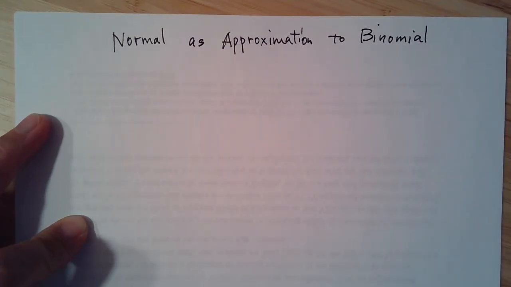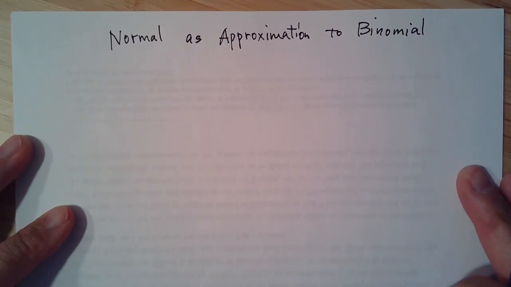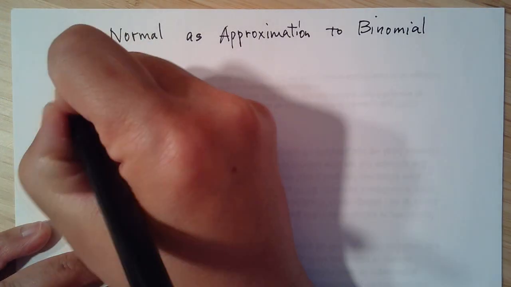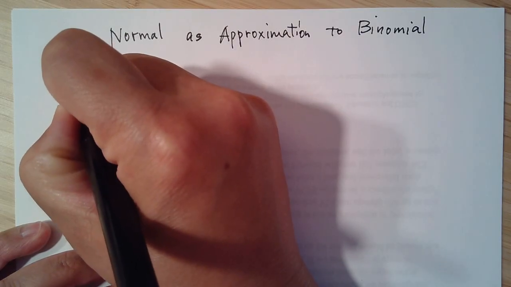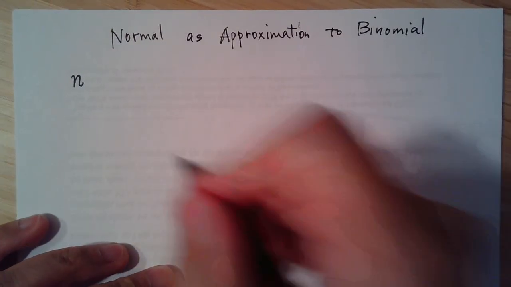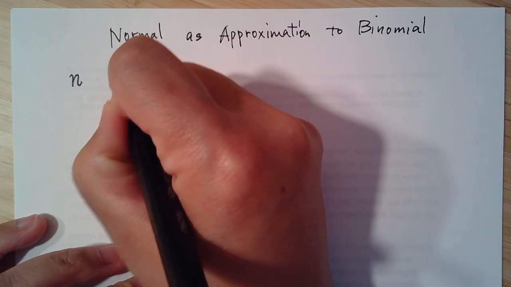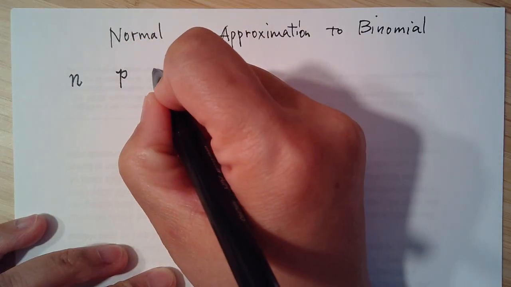Now, first of all, what is a binomial distribution? It's a discrete probability distribution. If you remember, we have a fixed number n of trials. For each trial, the probability of success is p, and the other one will be q, right?